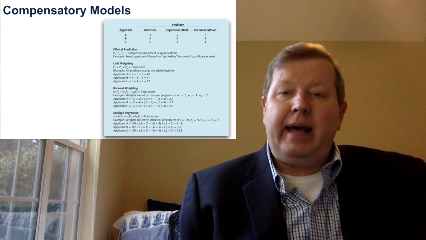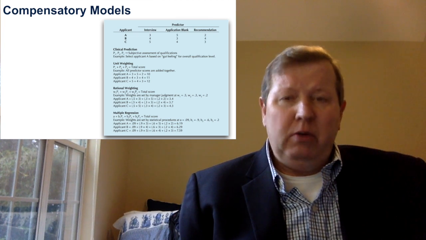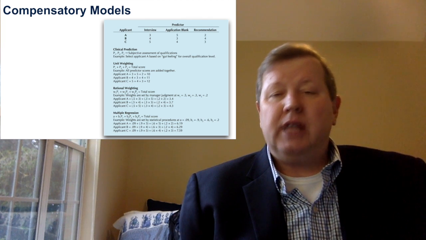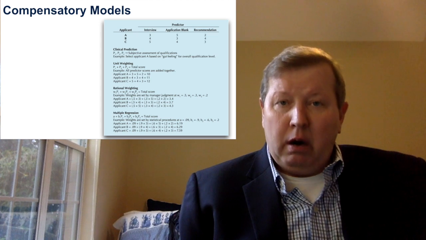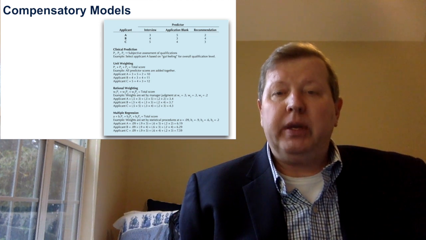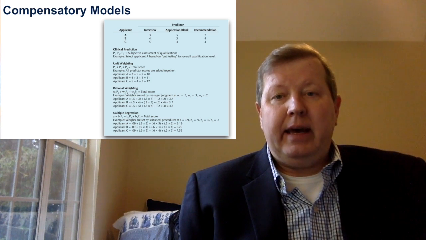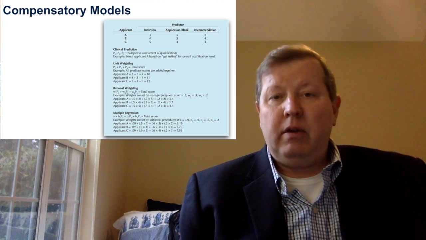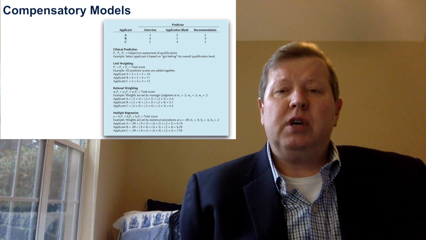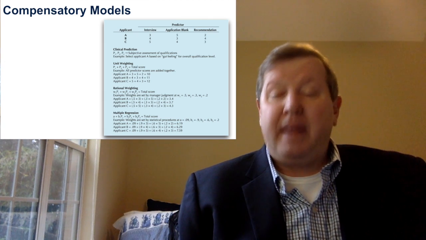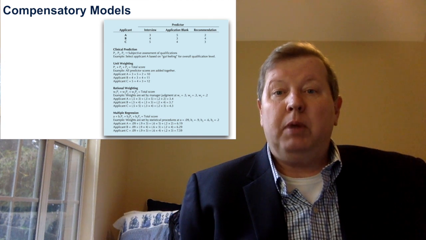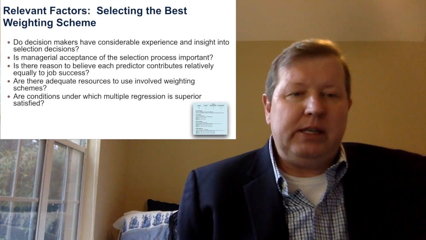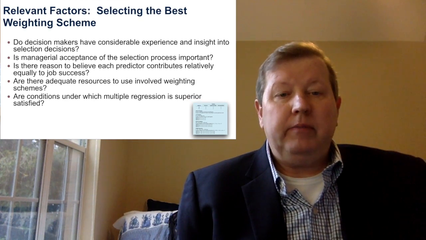Most people don't do that. I will tell you, I am happy if we truly get to the point in our selection process where we are using valid, reliable predictors, and we're looking at the numbers and the data. That's so far ahead of where most organizations are that I'm thankful for that. If you can get to a point where you're doing multiple regression, I'm really quite pleased with that. That doesn't happen too often.